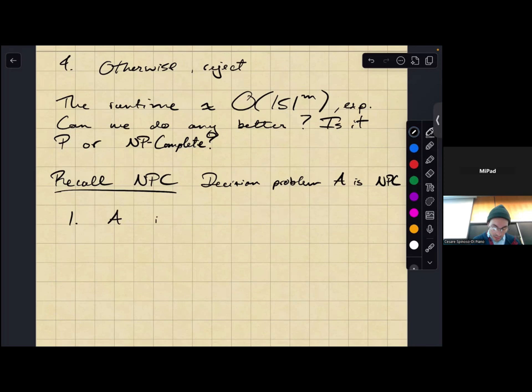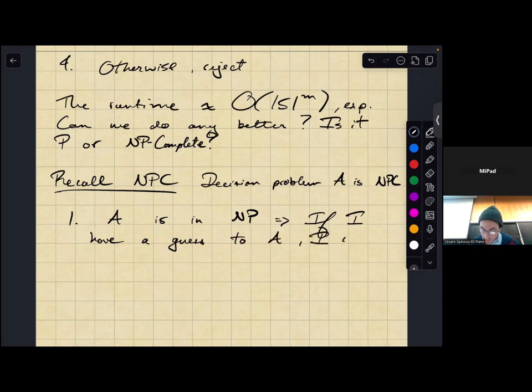So A is in NP. What does that mean? It means that if I have a guess to A, I can check in polynomial time whether the guess is right or not.